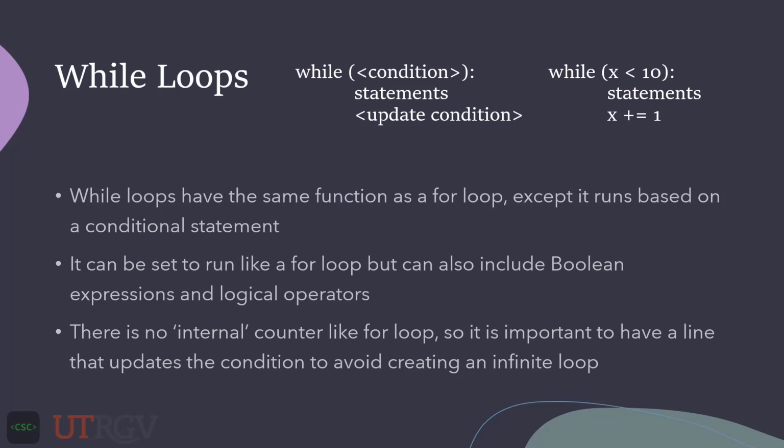Because if not, x will always be less than 10, and it's going to run over and over infinitely. Your compiler will never exit out of it, and it probably won't tell you. Or maybe it might if it runs out of RAM, but that might take a while. So always include some sort of update, whether it be a counter or a boolean, to change it from true to false.